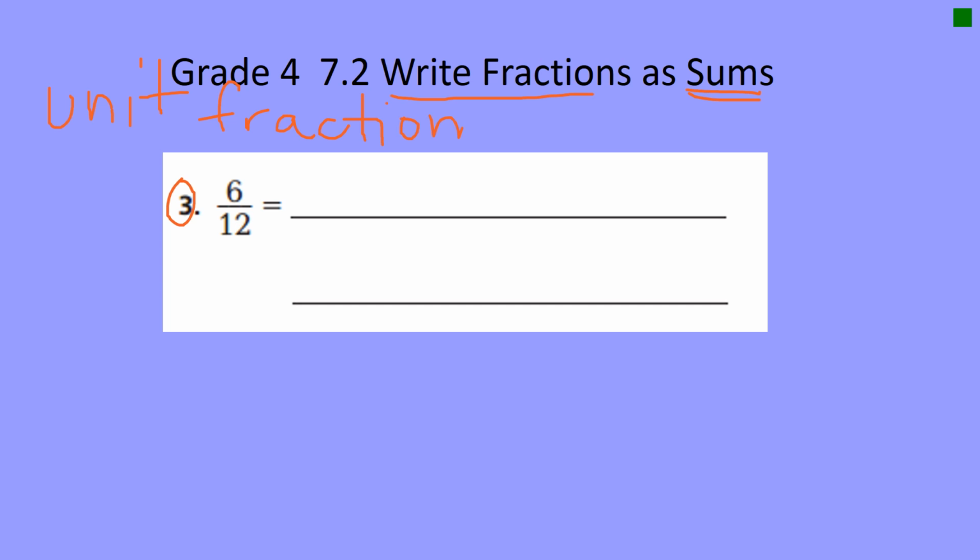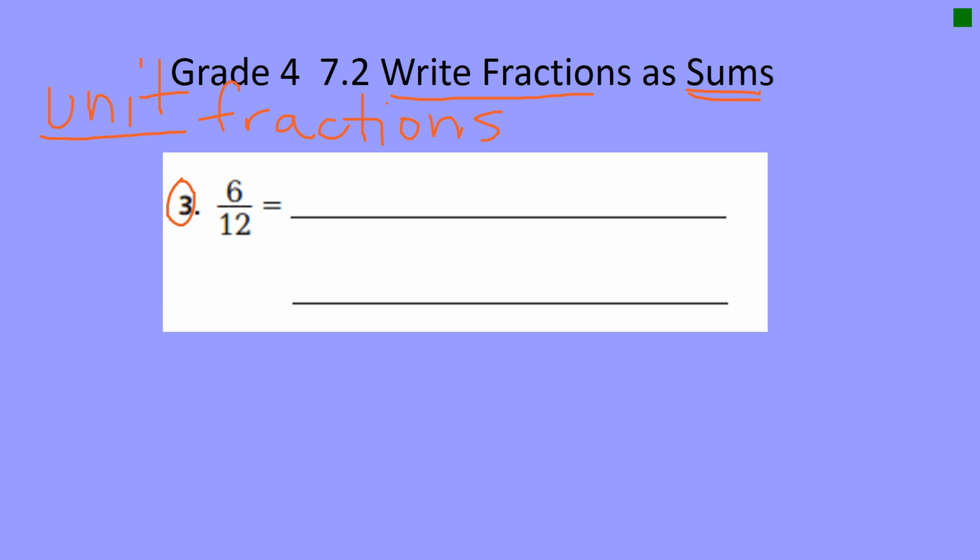Unit, that is 1. 1/4 is a unit fraction. 1/10 is a unit fraction. 1/17 is a unit fraction. A unit fraction is talking about one piece out of the whole thing.